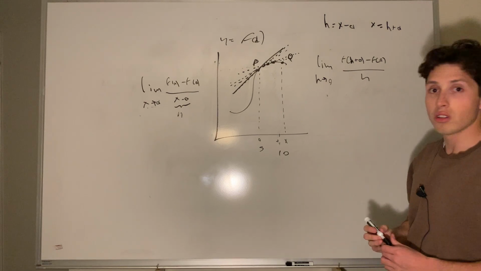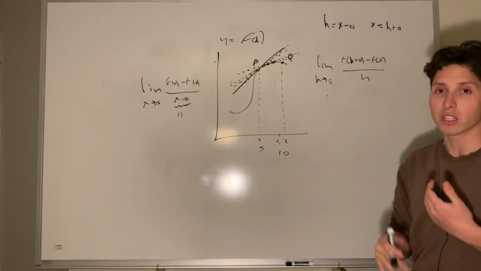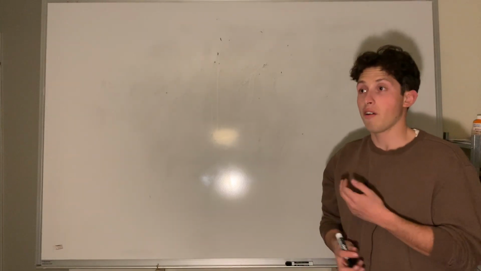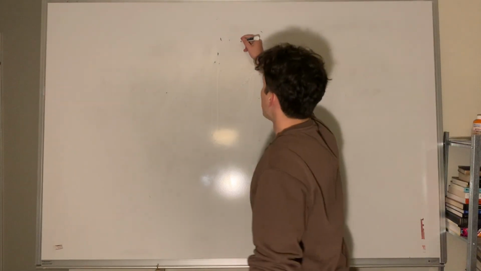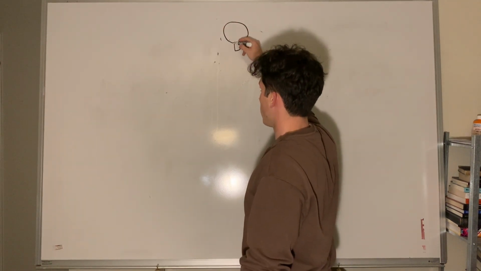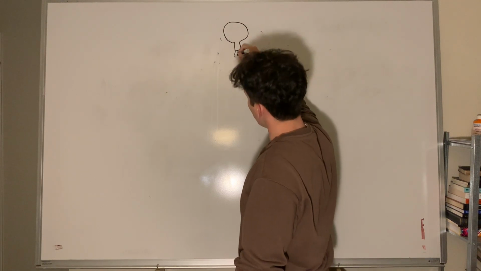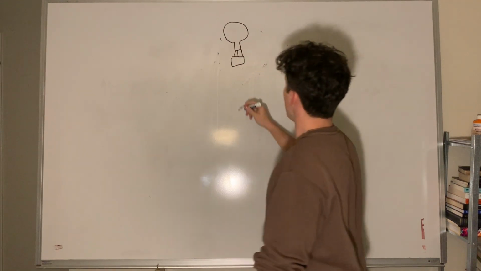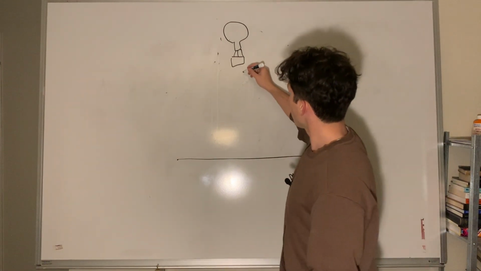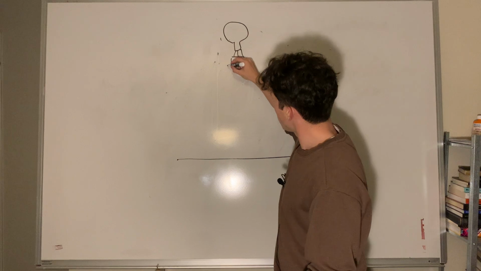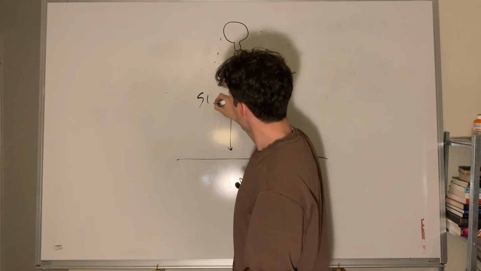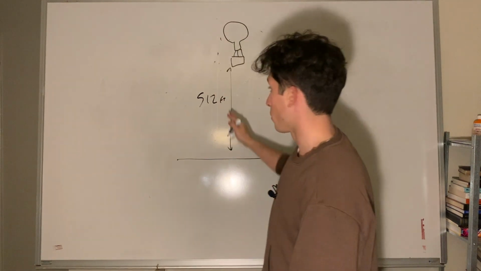So let's do this in practice so it gets clear. Okay, so let's imagine a physics example. Imagine you have a balloon, one of those balloons that people go into, which I don't know why. Seems kind of boring. But anyway, let's say this balloon is 512 feet from the ground.